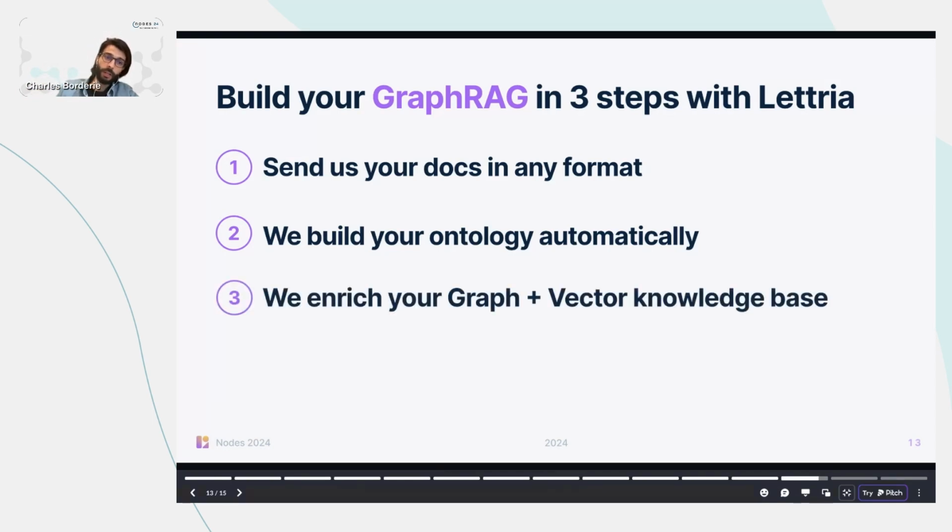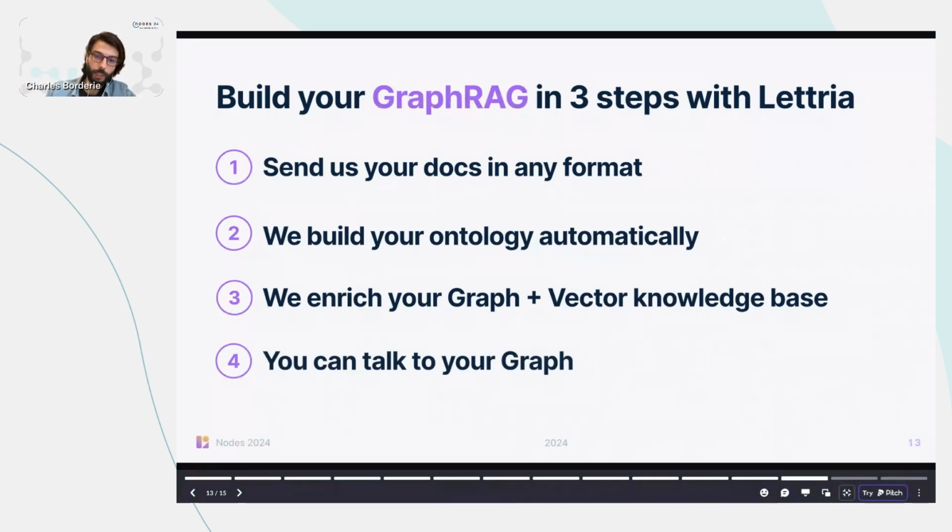And then we turn it into the ingestion pipeline, and we produce the hybrid database that is based on a Neo4j graph store and on a Qdrant vector store. And then you can directly talk to your graph in natural language.